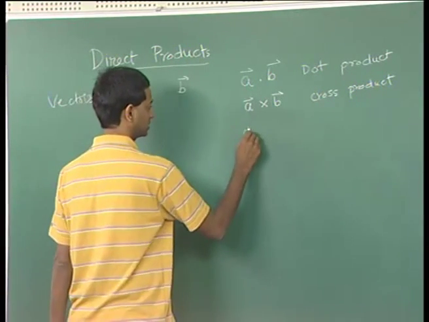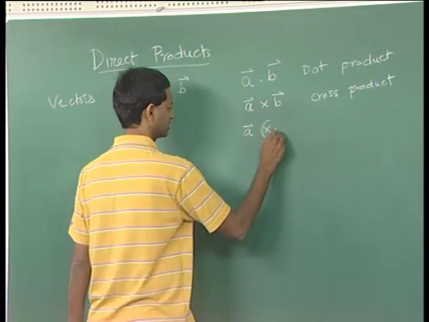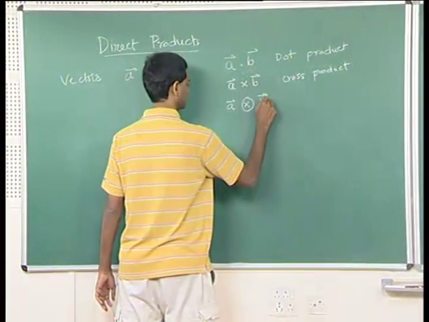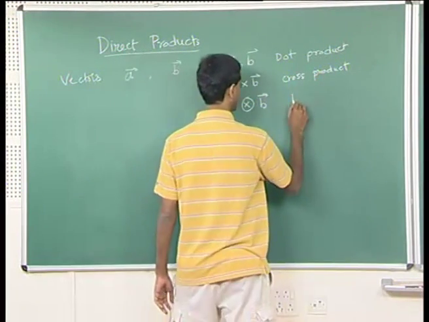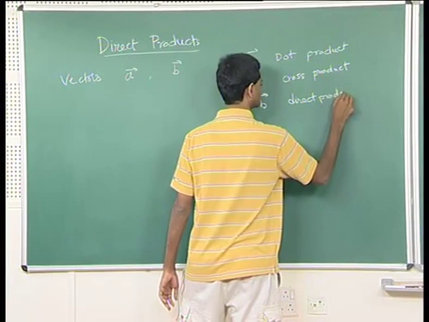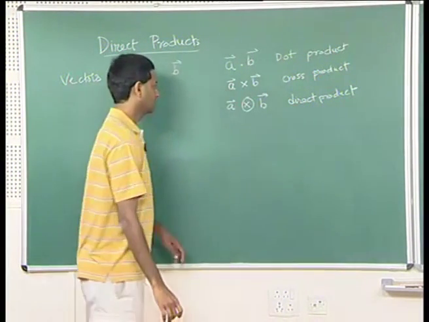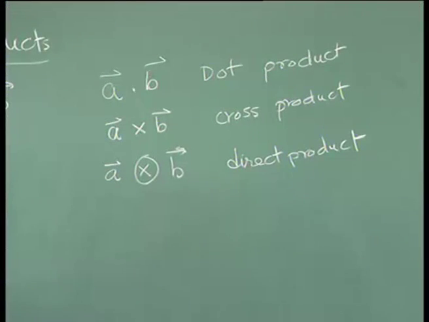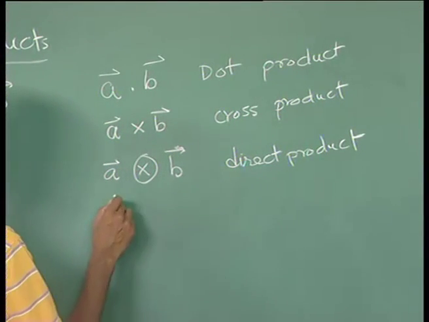And then there is something called the direct product of A with B, which gives you a tensor.